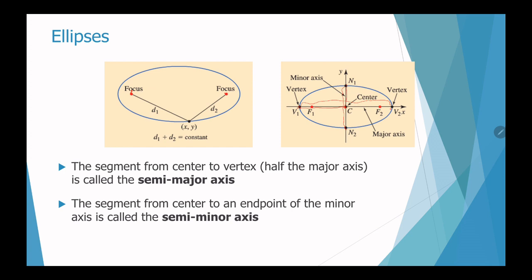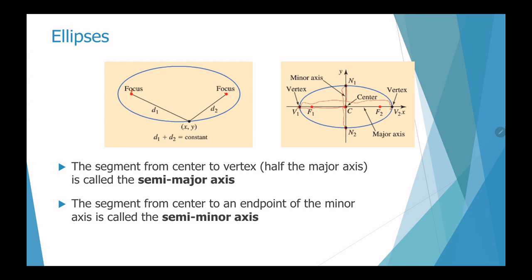So when we talk about an ellipse, there is a minor axis and a major axis, and those will help us write a formula, or not really a formula, an equation that would tell us we have an ellipse.